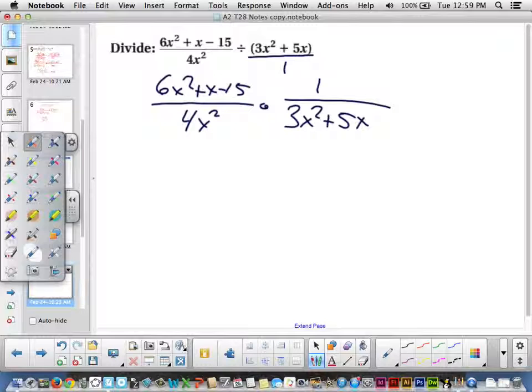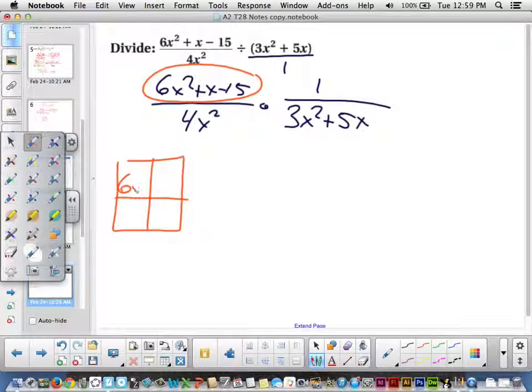Now as we factor here, we got a lead coefficient of 6, so we're going to need to pull it out into a box. 6x squared, negative 15. We'll multiply negative 15 and positive 6, which is negative 90. How do we multiply to 90 and add to get 1?